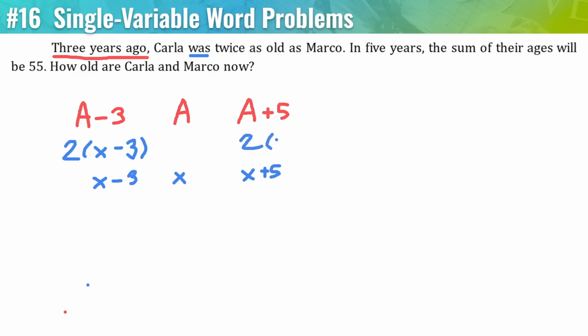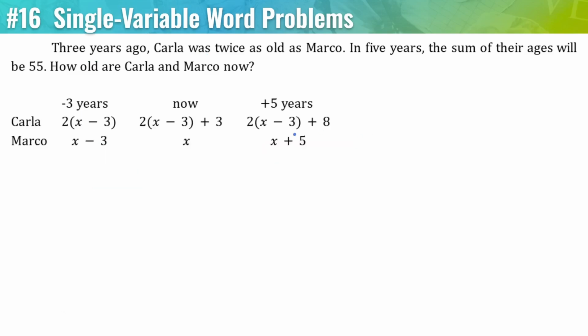So she will be 2 times x minus 3 plus 8. A similar thing will be considered for her age now. So our representation is now complete. Now it's time to make the equations. In 5 years, the sum of their ages will be 55. So when we add these, it should equal 55.